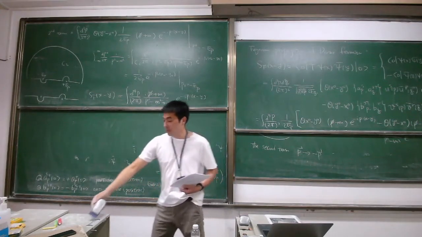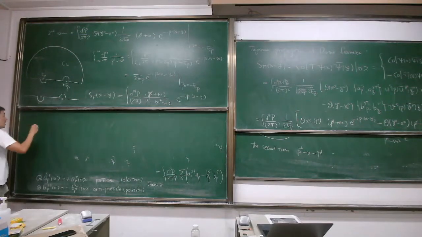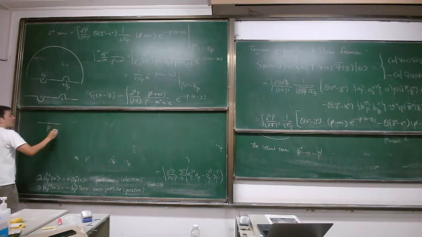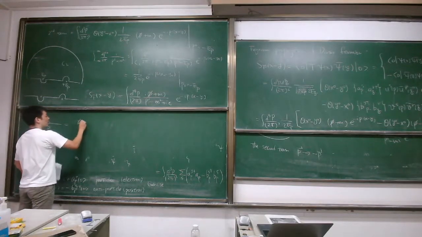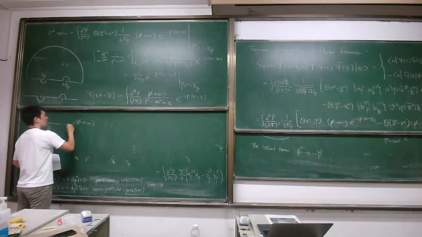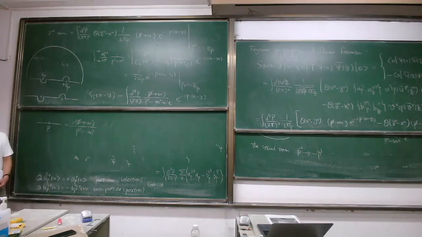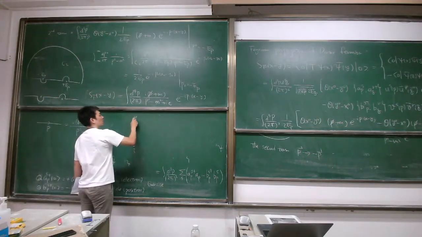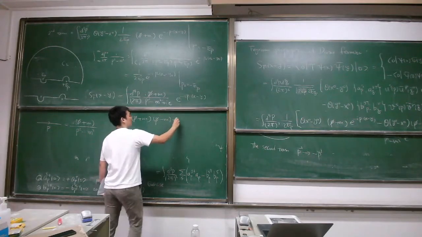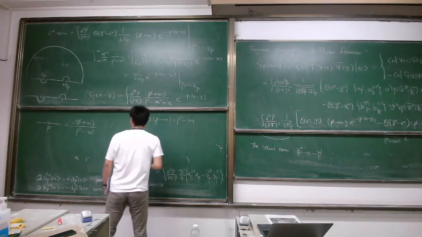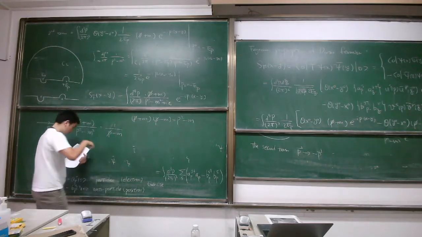So in momentum space, people just write it like this way. Later I will explain what it means. And this is equal to p-slash plus m. So this is the propagator in momentum space. And since we know the Dirac equation is the square root of the Klein-Gordon equation, this is indeed equal to i over (p-slash minus m).